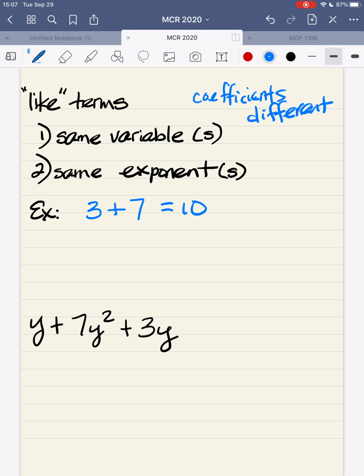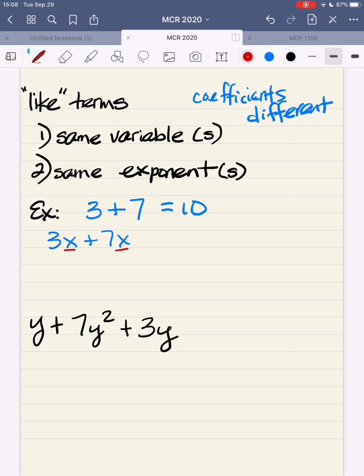Another way to express this as a like term, if I had 3x plus 7x. Okay, now I'm not looking at the numerical coefficients. I'm looking at the variable, and I want to check these two things. Do they have the same variable? Yes, they both have x. Is that x taken to the same exponent? Yes, neither one of them has an exponent, so they have an exponent of 1.